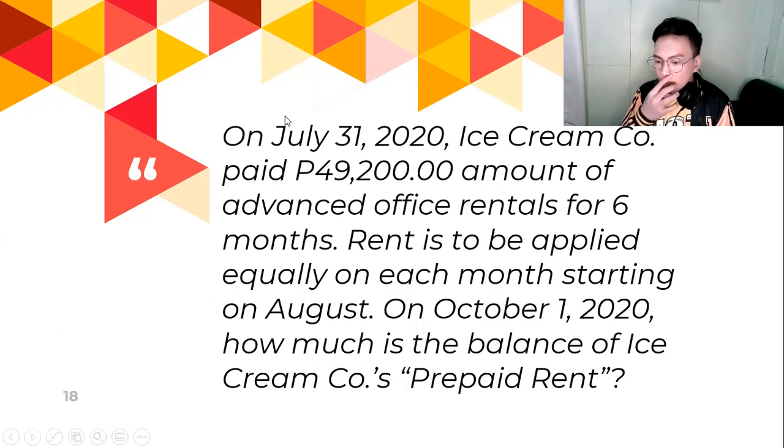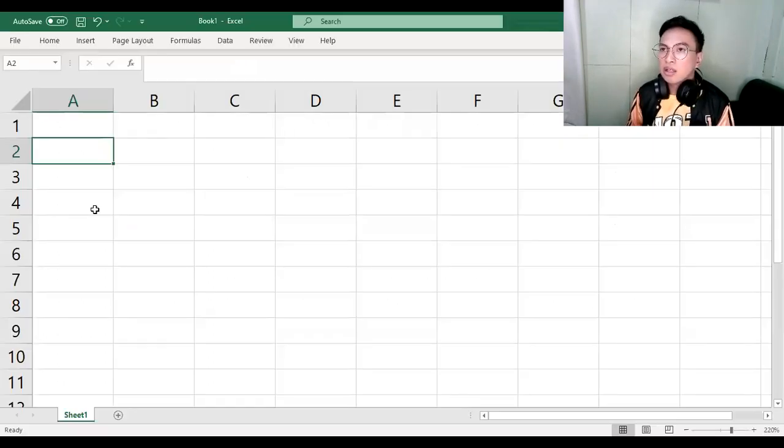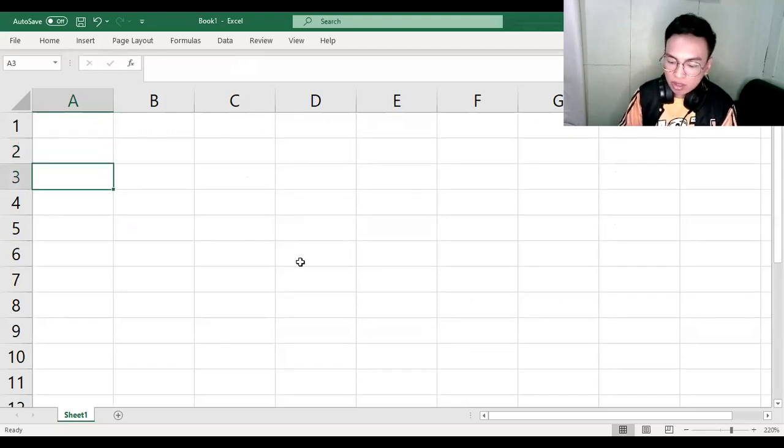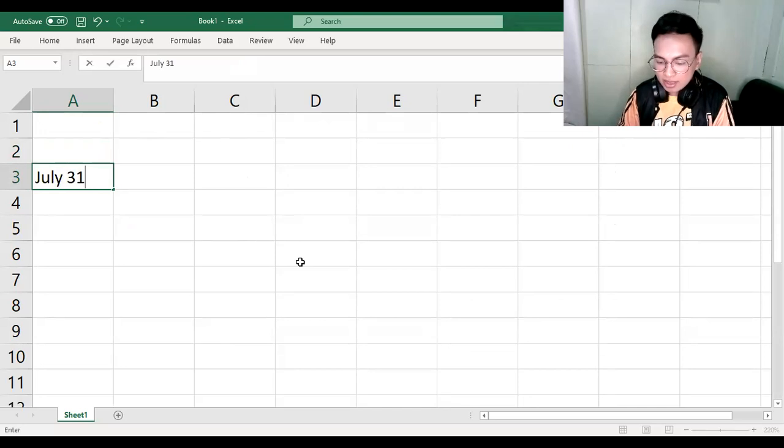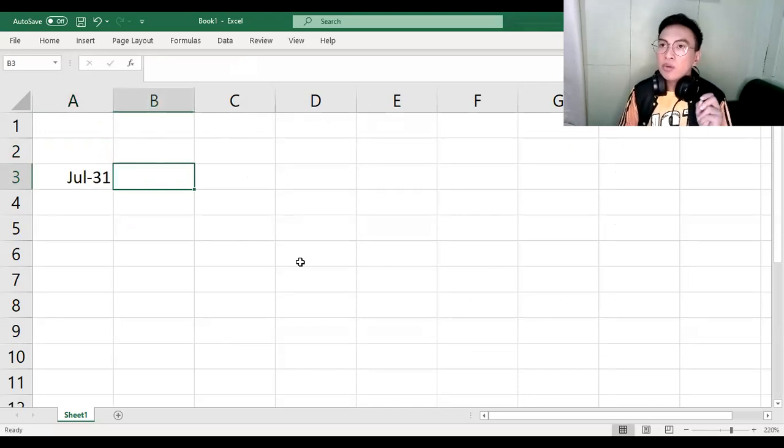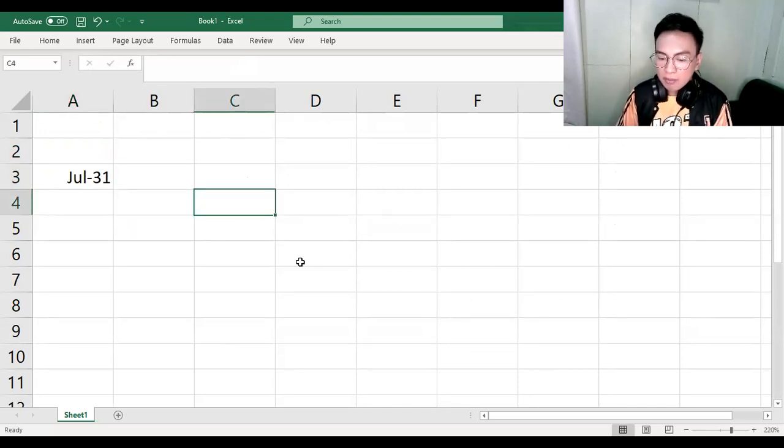Ngayon guys, let's try and understand it using the journal entry. Okay, what happened on July 31 is, okay, we paid cash 49,200.